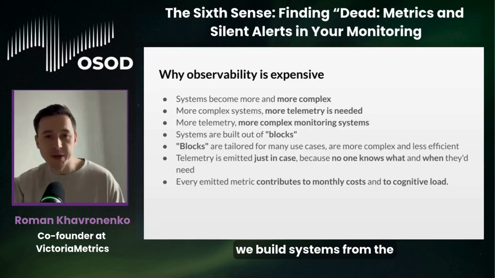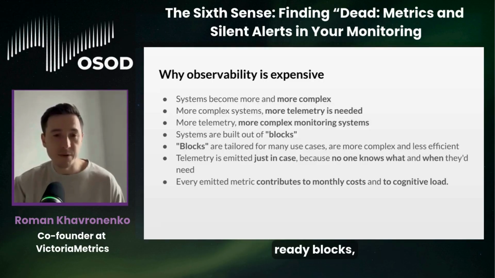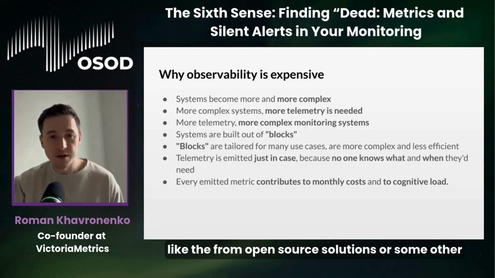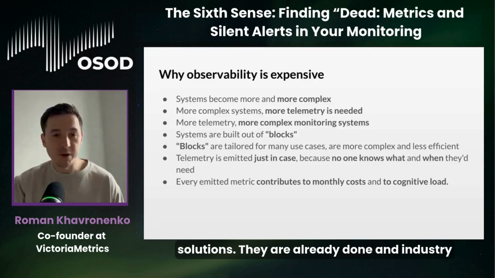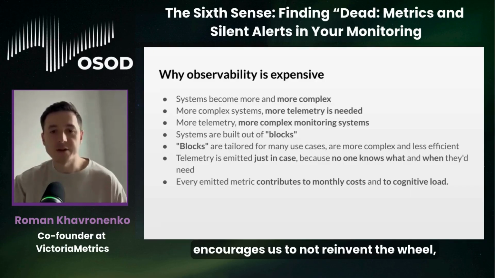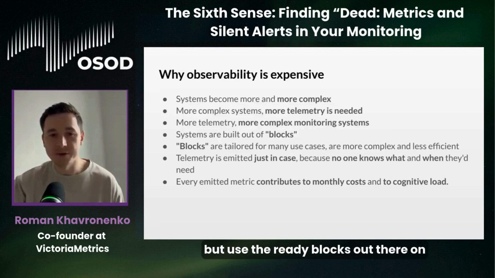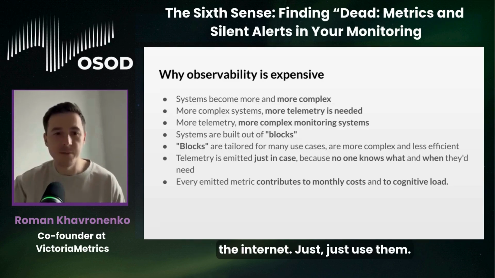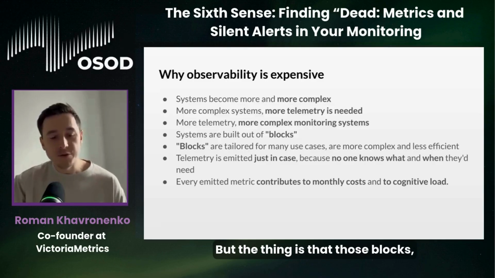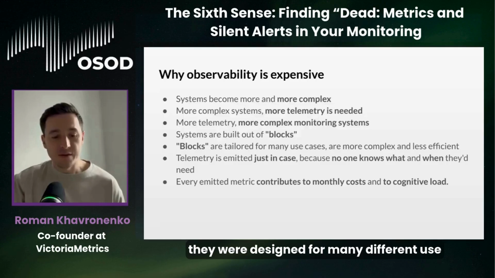As engineers, we build systems from ready-made blocks, like open source solutions or other solutions. They are already done, and the industry encourages us not to reinvent the wheel, but to use the ready blocks out there on the internet. Just use them. But the thing is that those blocks have many users, and they were designed for many different use cases.